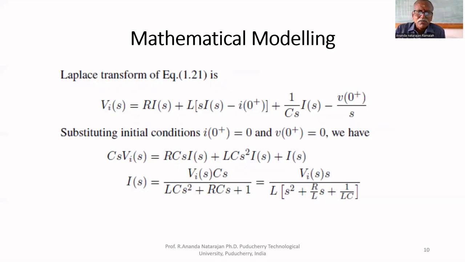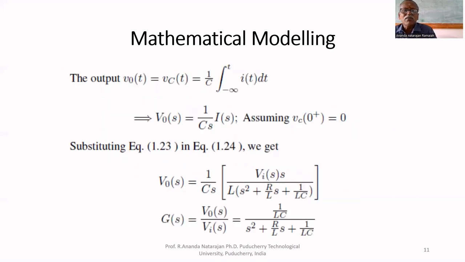So this we have already seen. Suppose instead of I of t as output, I assume the voltage across the capacitor as output. I can assume anything as output. In that case, what is the definition for transfer function?